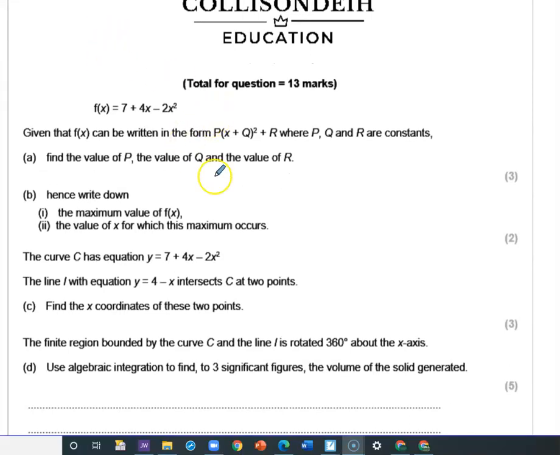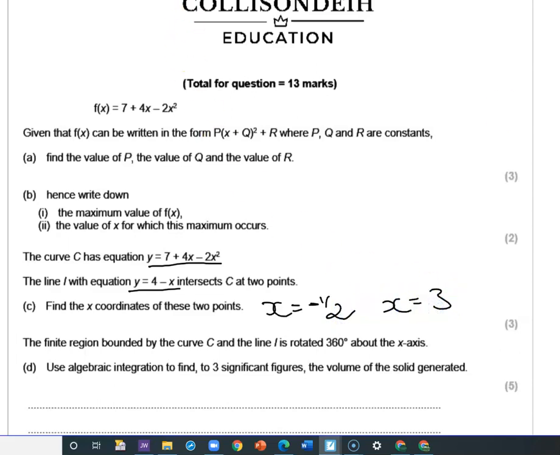So we were able to work out that these two graphs, y equals 7 add 4x minus 2x squared and the straight line y equals 4 minus x, did meet at x equals -1/2 and x equals 3.